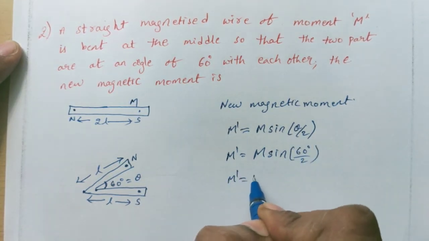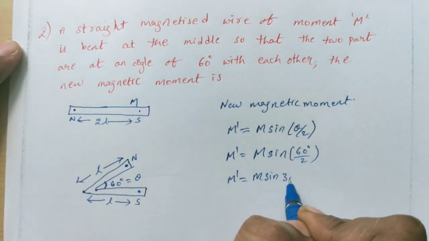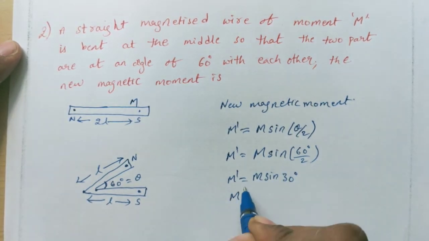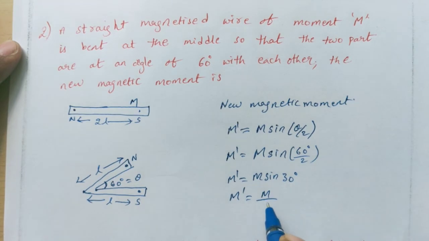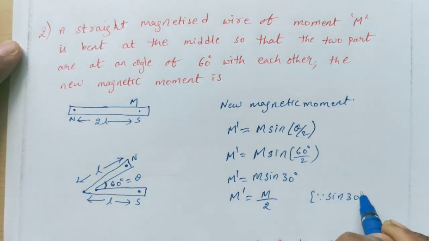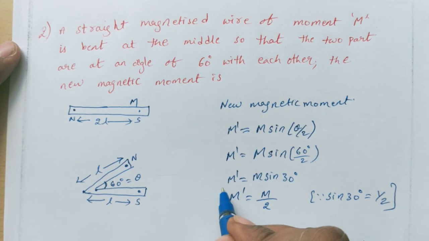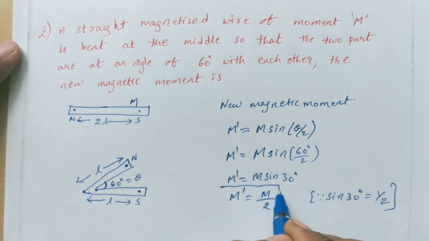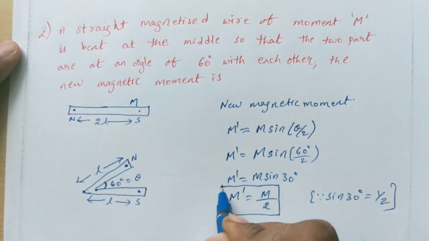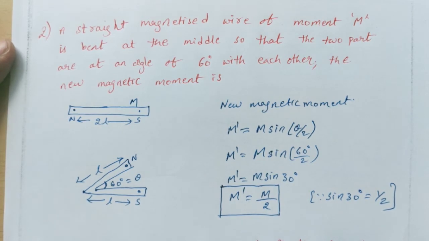Therefore m dash is equal to m sin 30 degrees. On simplification, m dash is equal to m divided by 2 only, since sin 30 degrees is half. So the new magnetic moment when bending at the center by an angle of 60 degrees is m by 2 only.